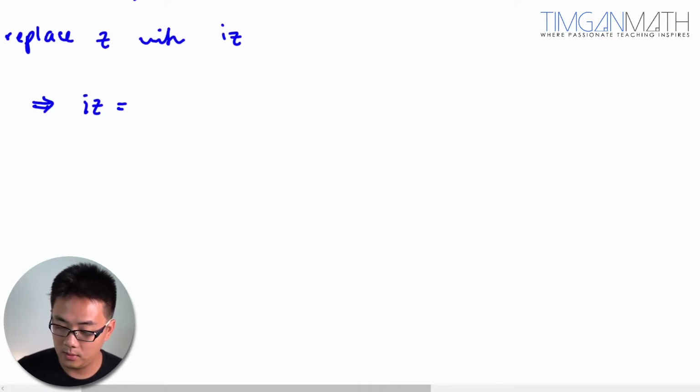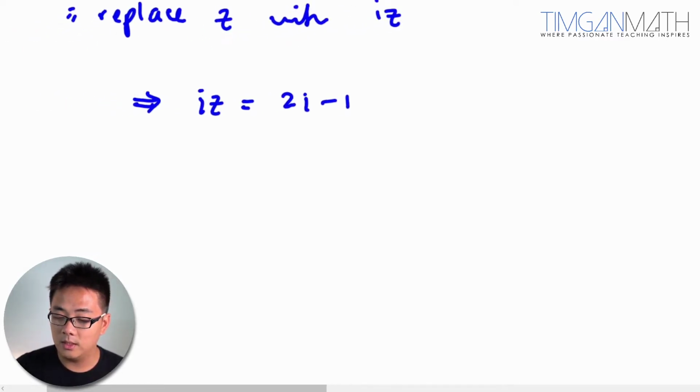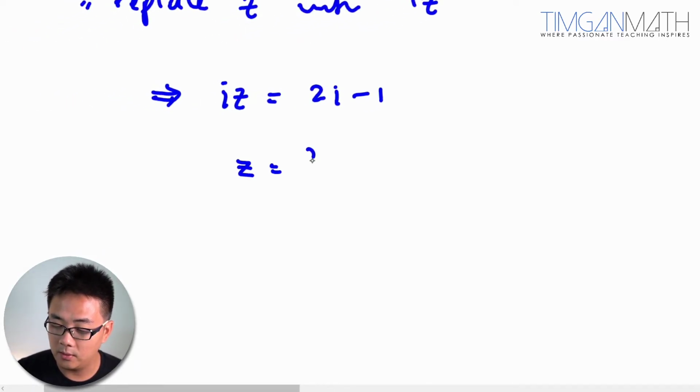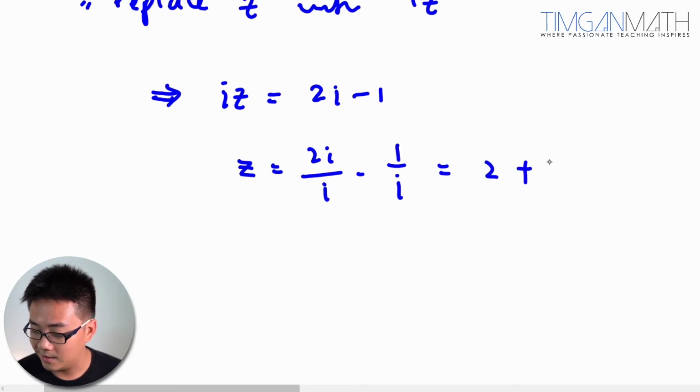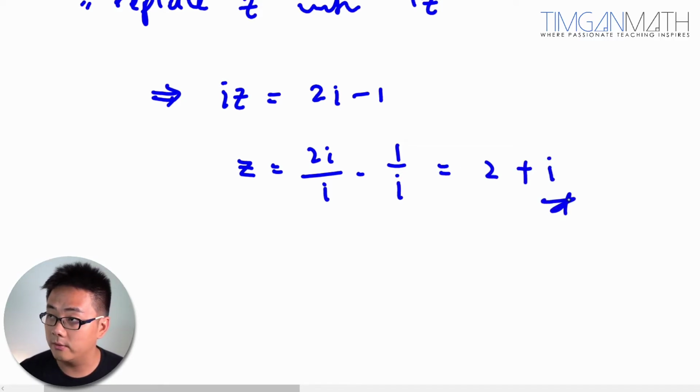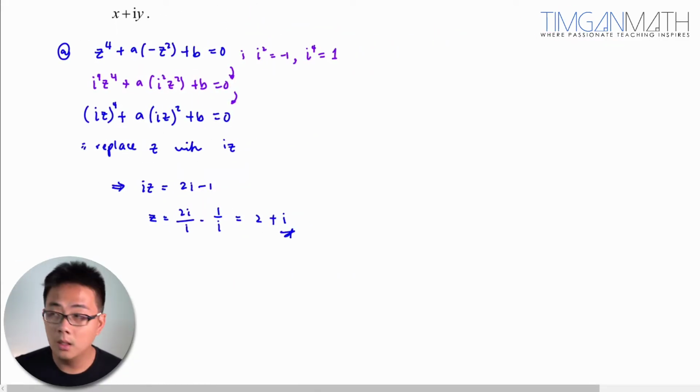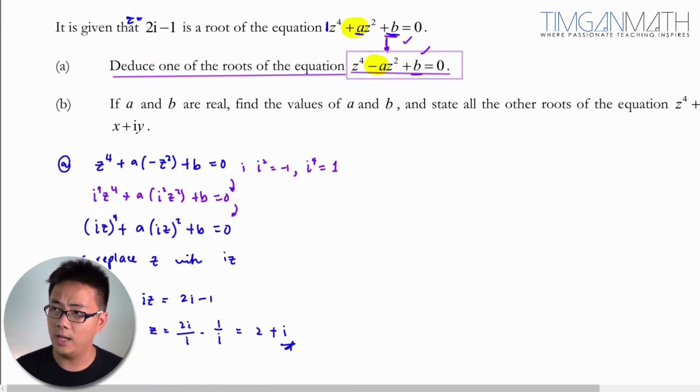Just do a long division, and you get 2i divided by i, minus 1 divided by i. I'm just going to do a bit of mental calculation. Here is 2 plus i. So that is the first answer there. Correct? So part A is okay.